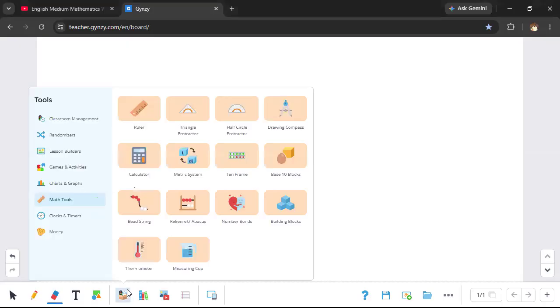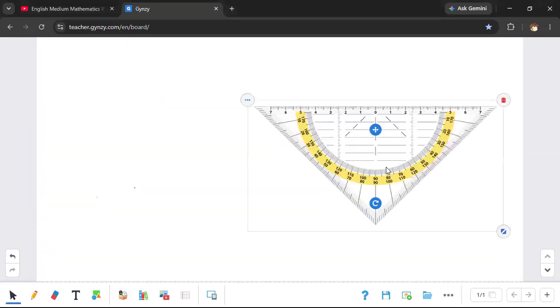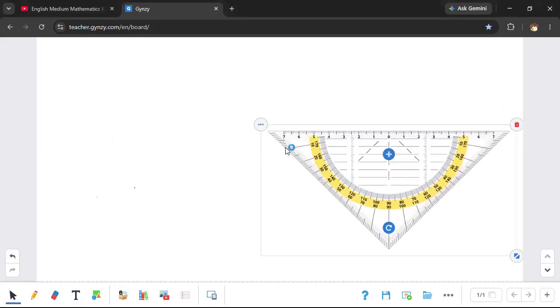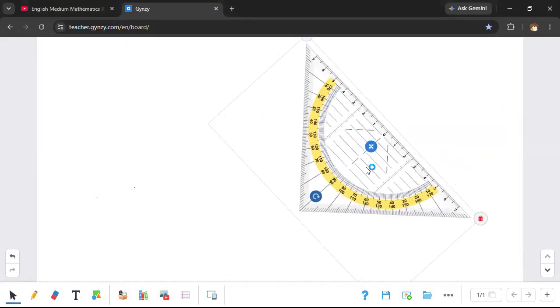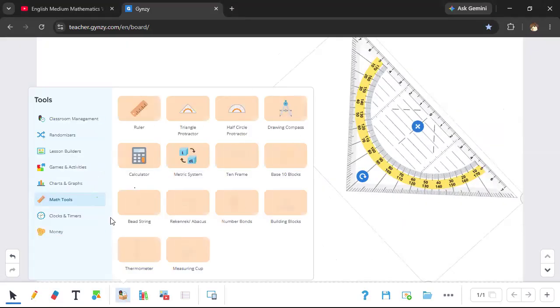I will let you know the second method for drawing the Loci number 3. For that, again you need to have the set ruler. So think this is your set ruler, and you need to have your ruler as well.